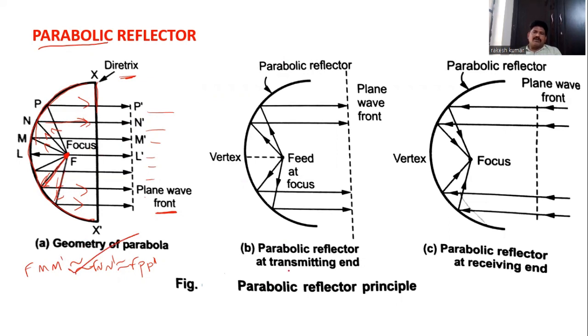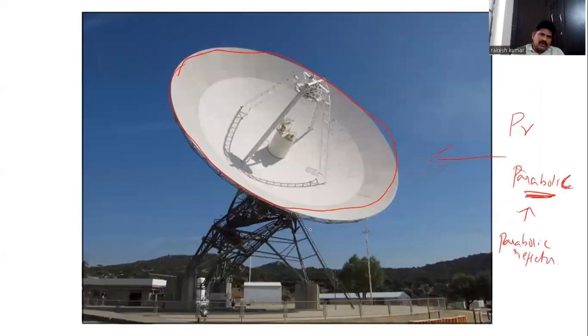Now, the parabolic reflector is used both for transmitting and for receiving. What is the best example of a transmitting parabolic antenna? If any live coverage is to be done for TV, the antennas used are parabolic antennas, used for transmitting the radio waves.